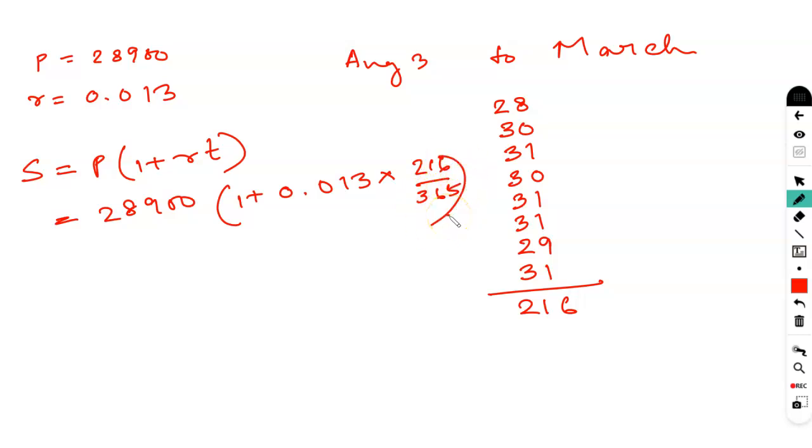While calculating, you will calculate this using the BEDMAS rule. So first you will multiply and divide and then add 1 to it. That means you will calculate the bracket first and then multiply it with 28,900.